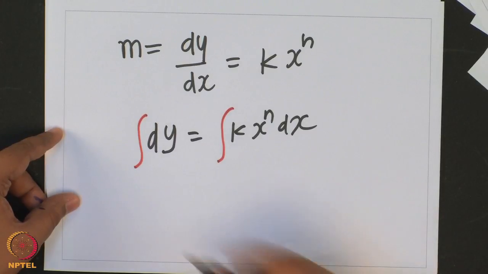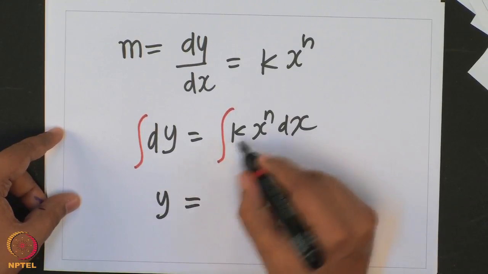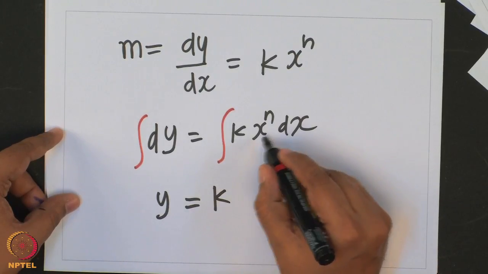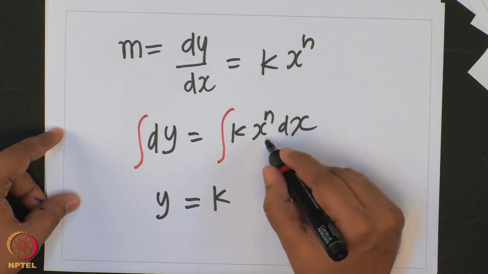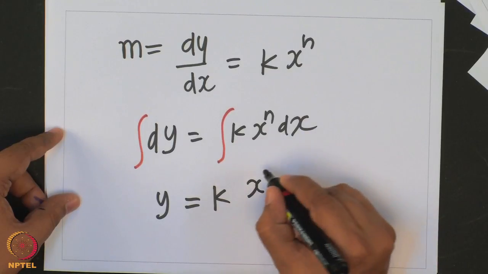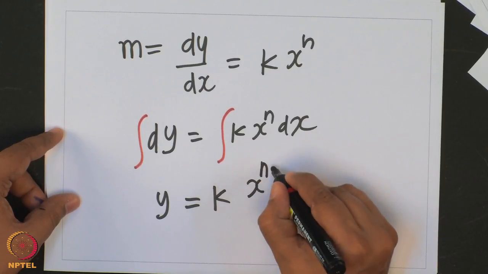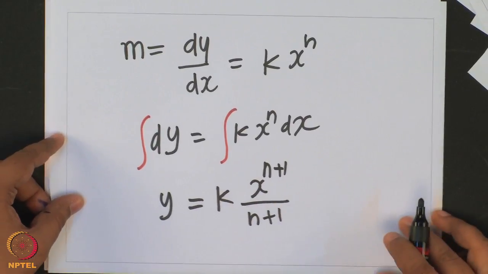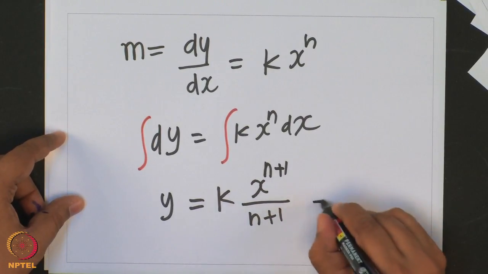So here y is equal to, integral of dy is y, k times integral of x power n dx. So integral of x power n dx is x power n plus 1 divided by n plus 1 plus a constant.